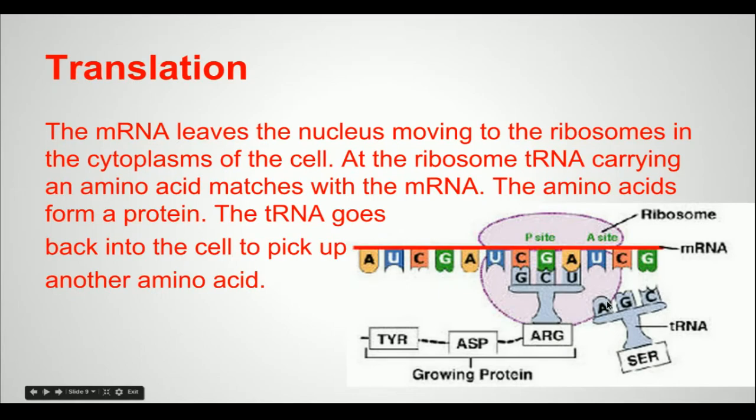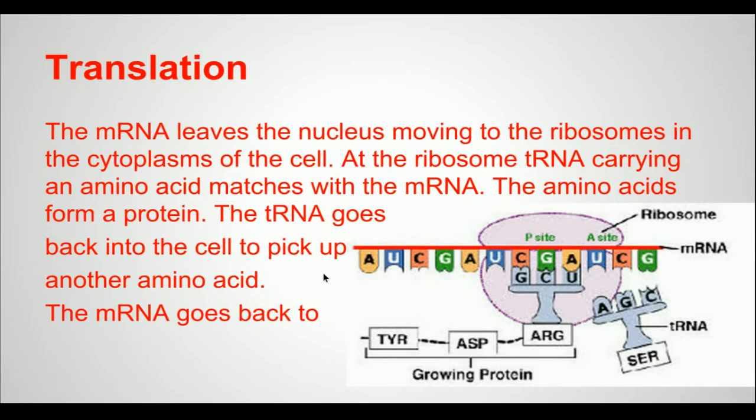So each one of these three-letter codes is called a codon. In your book, you'll find various codon tables that will allow you to look up what codon goes with what amino acid. And that would help you if you were trying to figure out which one's going to connect where.